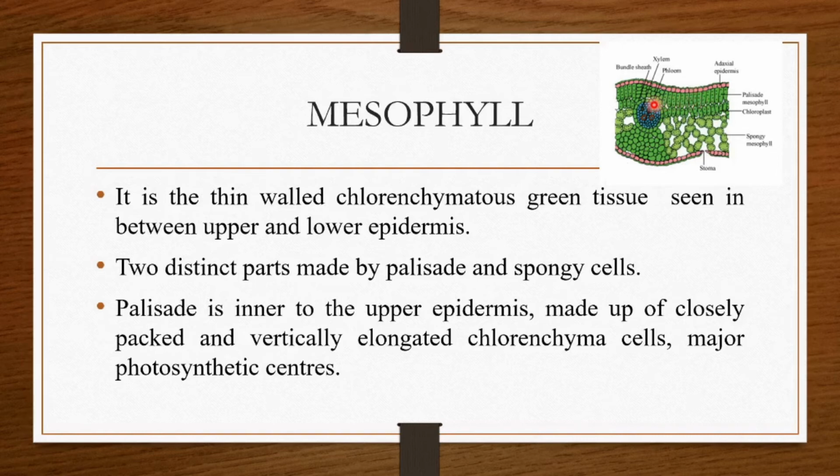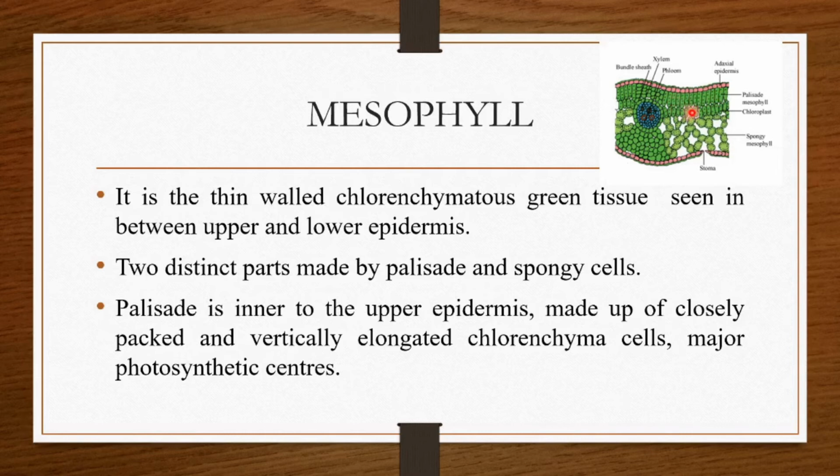And the compactness of the palisade parenchyma depends upon the intensity of the sunlight to which the leaf is exposed. The leaves which receive high intensity of sunlight will have more compact chlorenchyma than those which receive low intensity light.